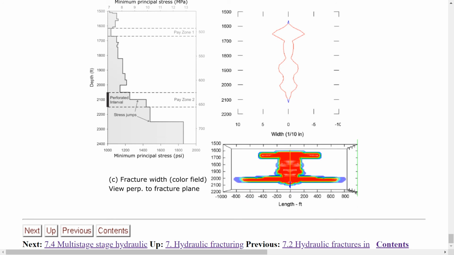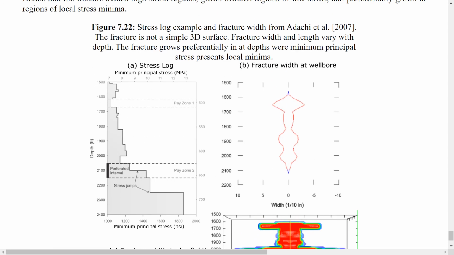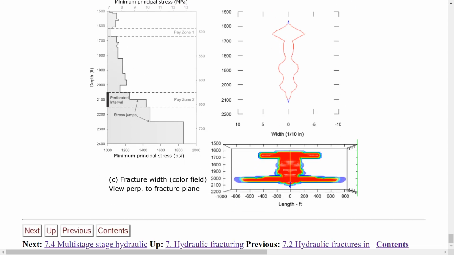But it's just that. You put fluid flow into this model, couple that with the equations of mechanics to predict width, and you get a hydraulic fracture simulator. Let me show you one more example, and with that we'll finish.